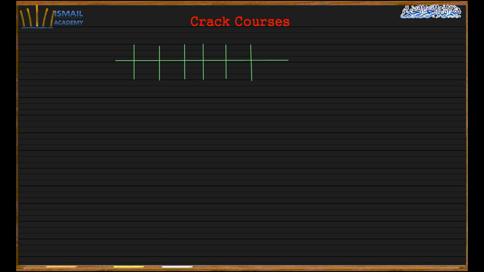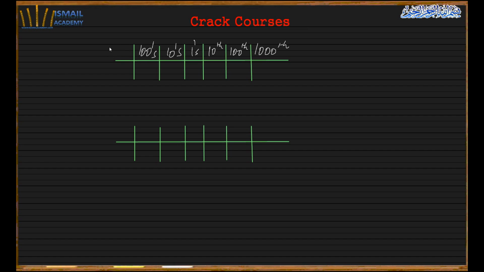I will save time, I don't need to draw twice. So this is the ones, this is tenths, this is hundredths, thousandths, this is tens, hundreds, and we have thousands.